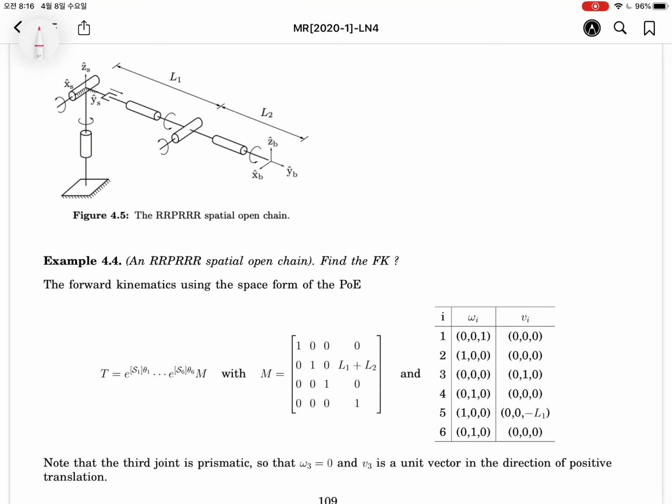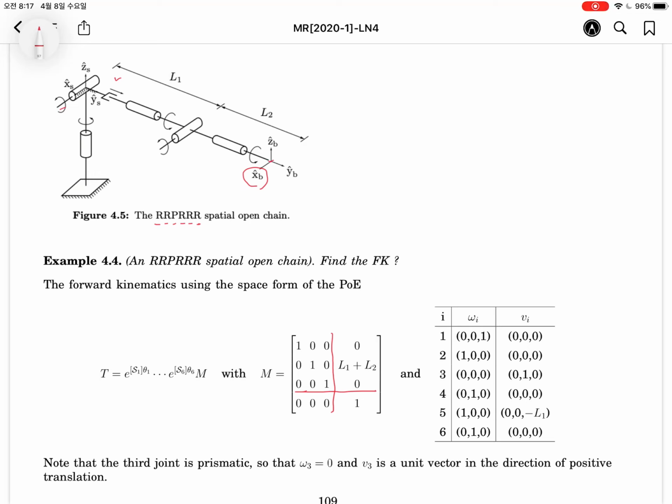Let's take another example. It is composed of R, P, R. We have the linear prismatic actuator in here. Let's read the zero position. The x-axis corresponds to the x-axis, so same. Y is the same, Z is the same, so we have the identity rotation matrix.